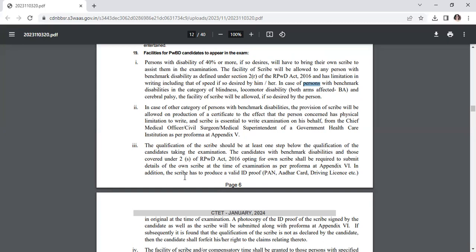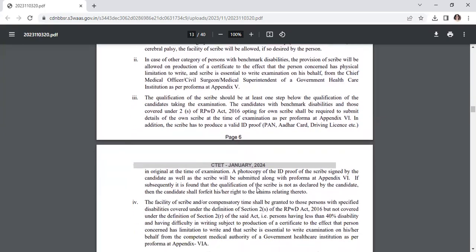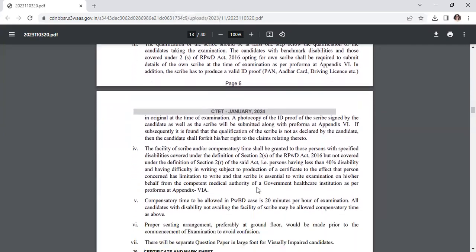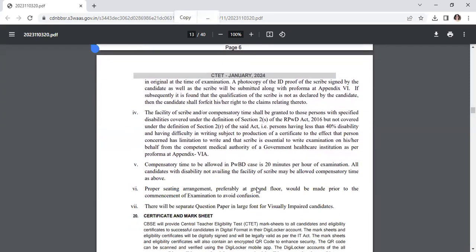In addition, the scribe has to produce a valid ID proof, such as a PAN card, Aadhaar card, or driving license, in original at the time of examination. A photocopy of the ID proof of the scribe, signed by the candidate as well as the scribe, will be submitted along with the proforma at Appendix 6.